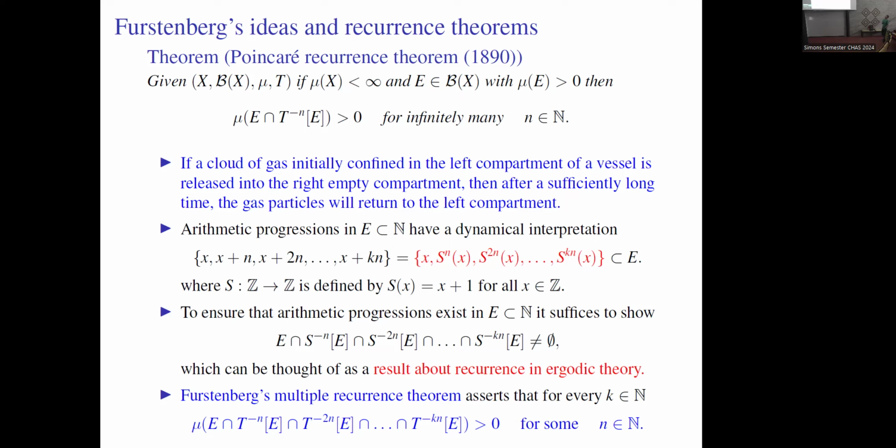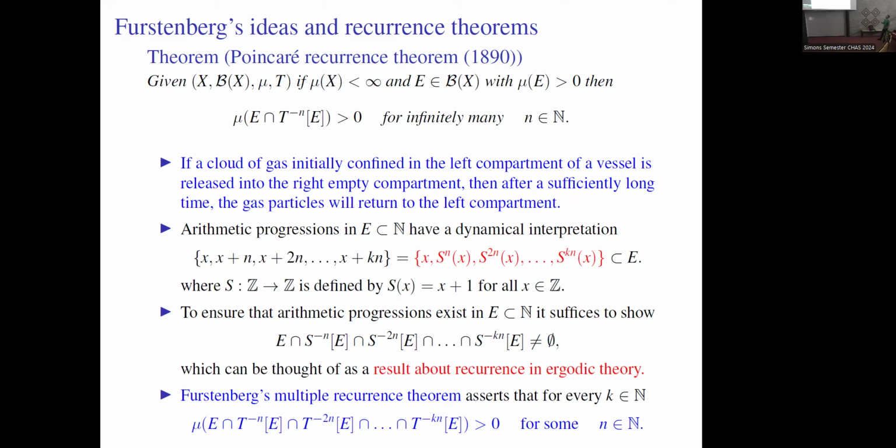So an important theorem in ergodic theory, which we try to prove today, I will try to give you two proofs of this result. This is the Poincaré recurrence theorem. So this was the starting point of ergodic theory, and it asserts that if we have a finite measure preserving system, and if we consider a measurable set E of positive measure, then the measure of this event is positive.